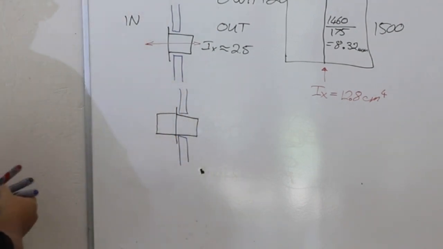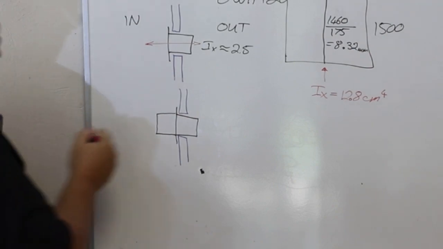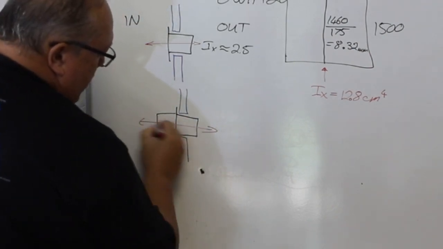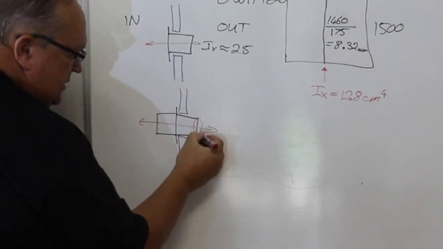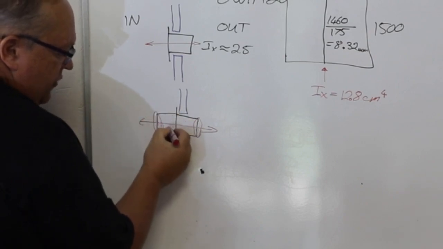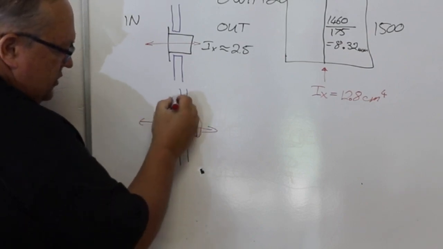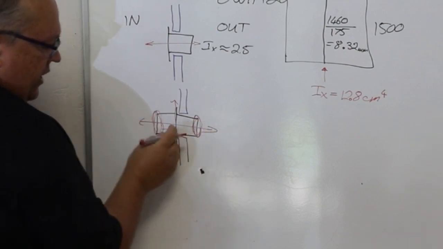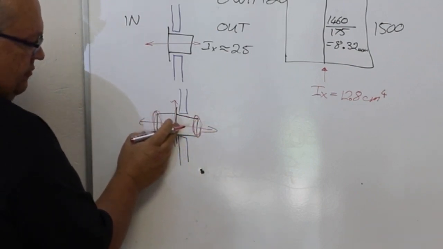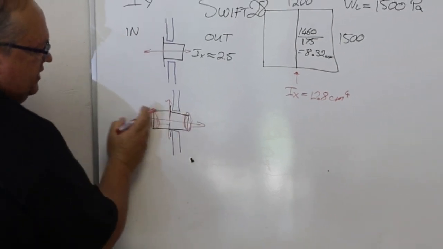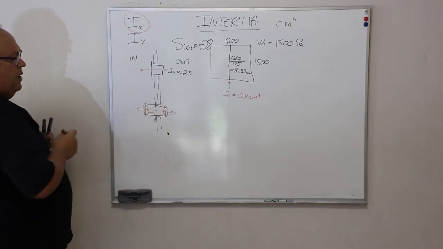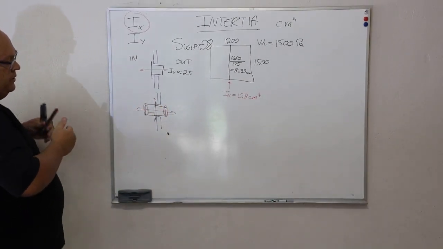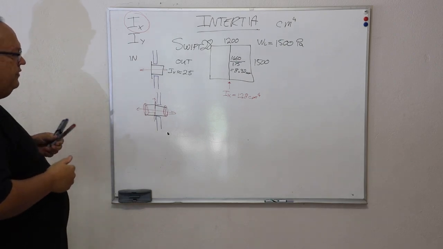But on this profile I have moved more material further away from my vertical axis. So this material here and this material here, that's my centroid of my profile. Effectively, that material is moved further away from the axis. And that's what increases the strength of that profile.